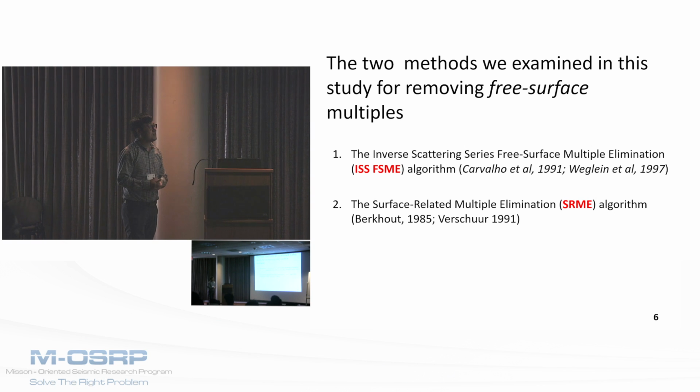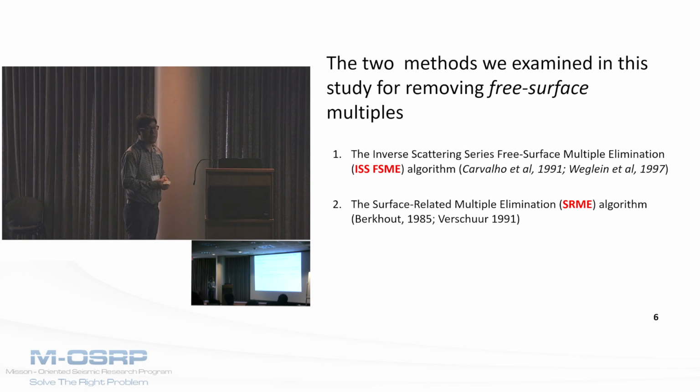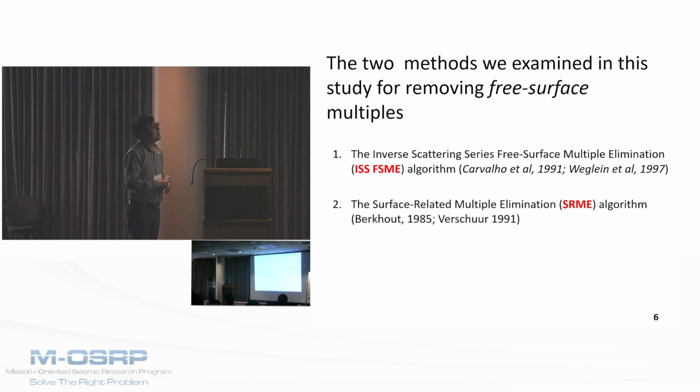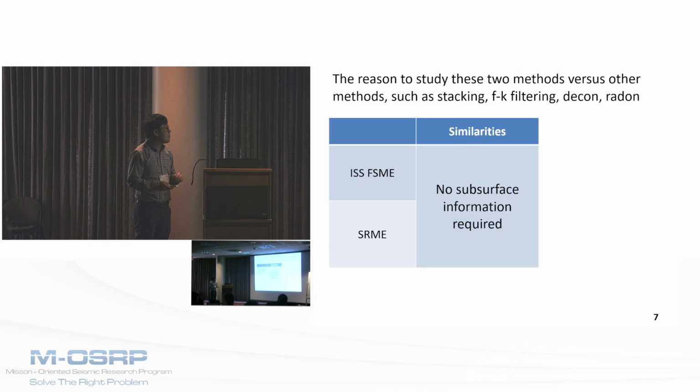Among the methods to remove free surface multiples, we choose to study two methods. One is the inverse scattering series method. The other is the SRME method. The reason we choose these two methods versus other methods such as stacking and FK filtering is that both of these methods do not require any subsurface information to be effective.